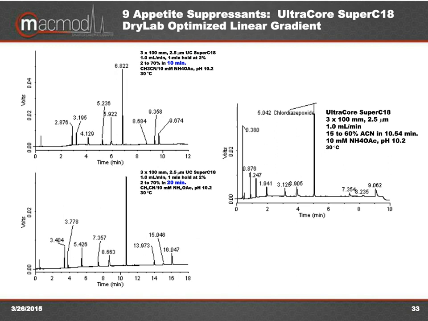If you input those data into DryLab, as simple as those chromatograms are, you can come up with an optimized separation. Shown on the right is the 3 by 100 millimeter column, 2.5 micron, 1 milliliter per minute, and it's a linear gradient from 15 to 60% in about 10.5 minutes at pH 10.2. Again, at 30 degrees C.